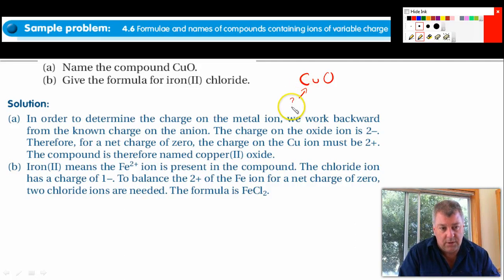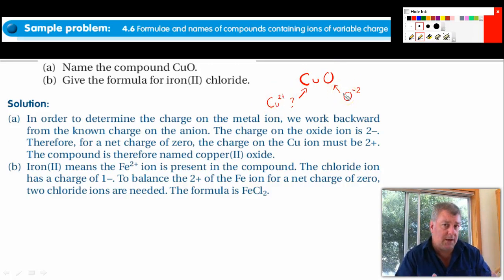We don't know the charge of this guy, but we do know the charge of oxide, and it's always -2. It's not a variable ion, and therefore if that's -2 and you only have in the formula 1 copper, that tells you that it must be copper 2+, because the charges balance.